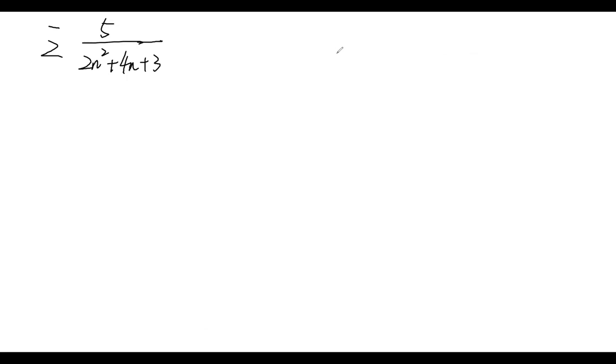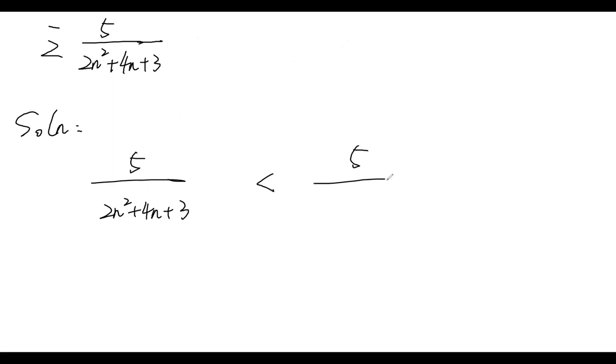So for each term in this series, 5 divided by 2n squared plus 4n plus 3, this is less than 5 divided by 2n squared.